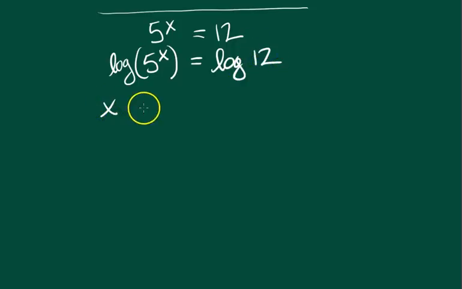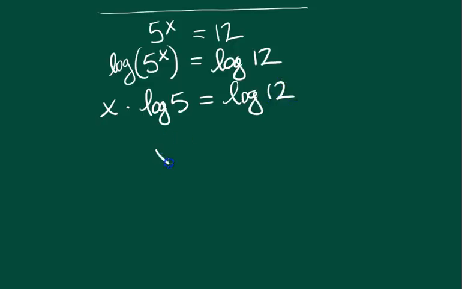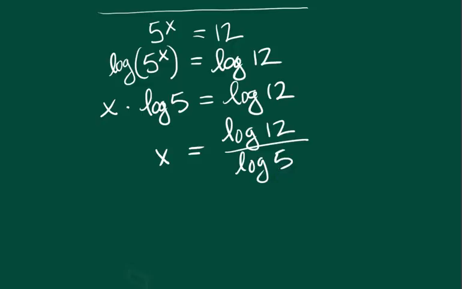Okay, I bring down the exponent, so I have x times the common log of 5 is equal to the common log of 12, which means that x ought to be equal to the common log of 12 divided by the common log of 5.